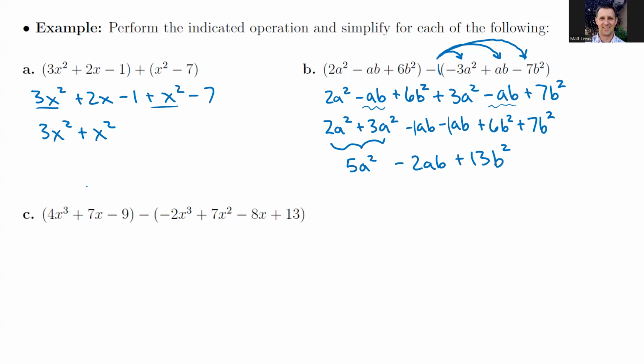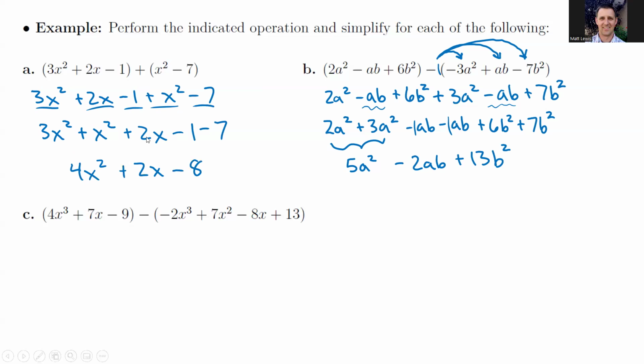In these big polynomials, sometimes it's good to make little markings once you've rewritten something. I've written those, so I underline them. Then I'll put plus 2x, underline that, and then -1 minus 7, so I make sure that I've got everything. All right, 3x squared plus 1x squared is 4x squared plus 2x minus 8.